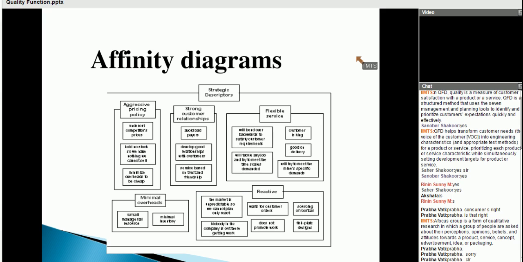This is how an affinity diagram looks. You can study that. So they have broken down the services: reactive, flexible service, strong customer relationship, aggressive pricing policy, and minimal overheads. And inside those, the sub ideas come.